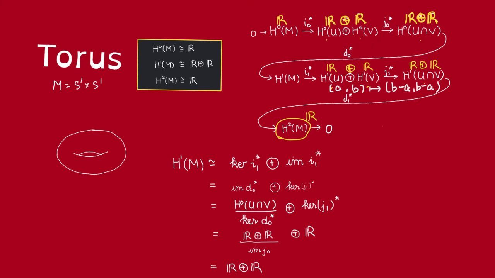But again, this map J0 here is given by exactly the same formula as J1. So the image of J0 is going to be the diagonal, and thus this quotient is going to be isomorphic to R. So then H1 of M is going to be isomorphic to 2 copies of R. Alright, so that's how we can use the Mayer-Vietoris sequence to compute the cohomology groups of the torus.